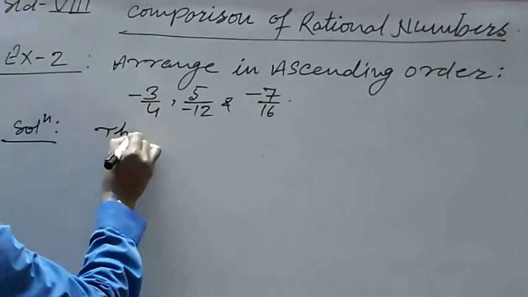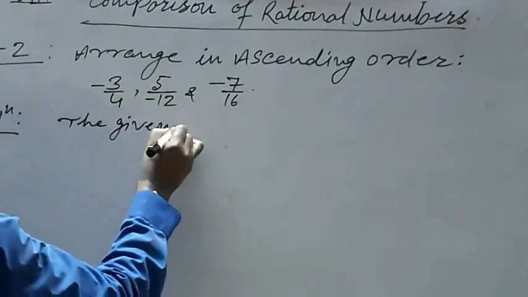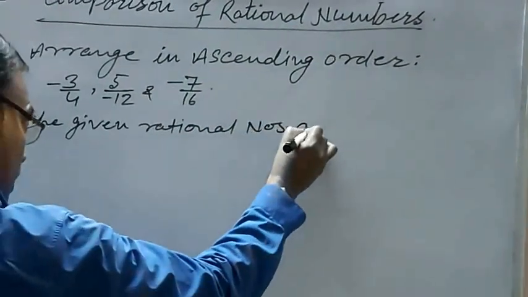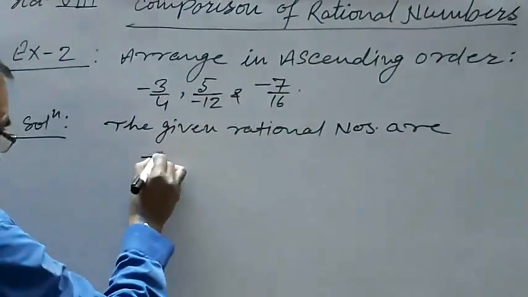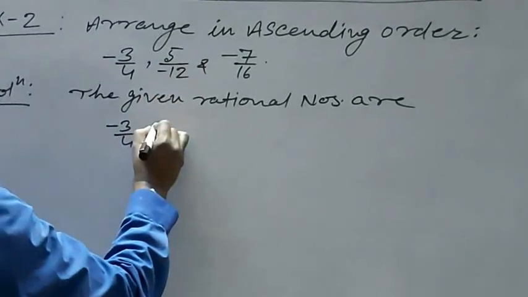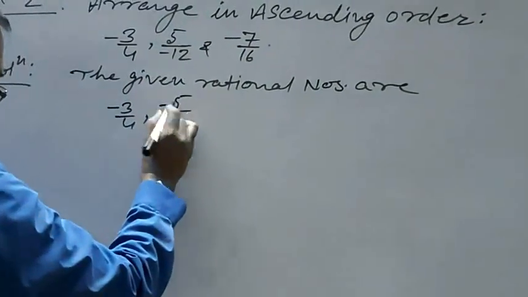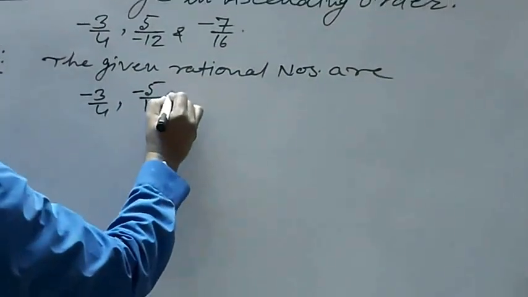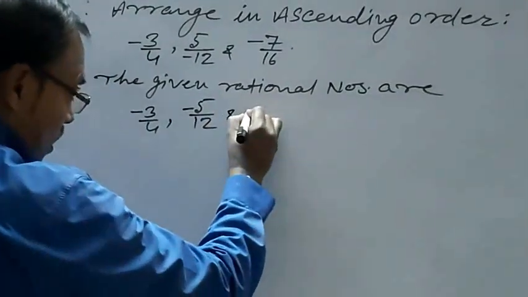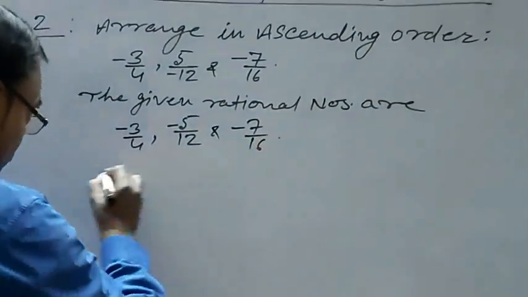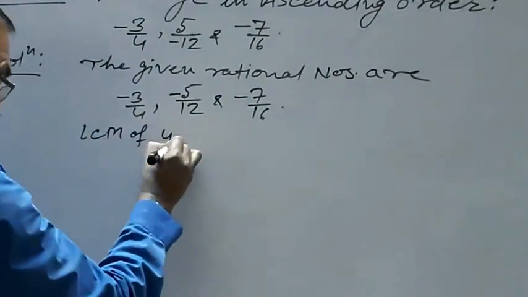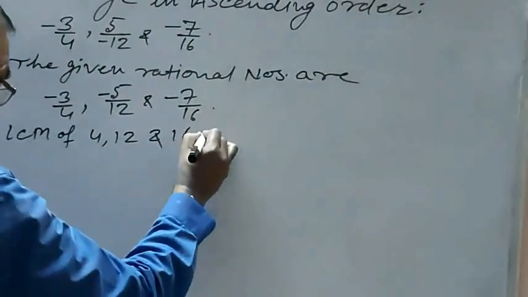The given rational numbers are minus 3 by 4, and its denominator is minus 12, so minus 5 by 12 after multiplying by minus 1 by minus 1, and minus 7 by 16. Second step, LCM of 4, 12 and 16 equal to 48.